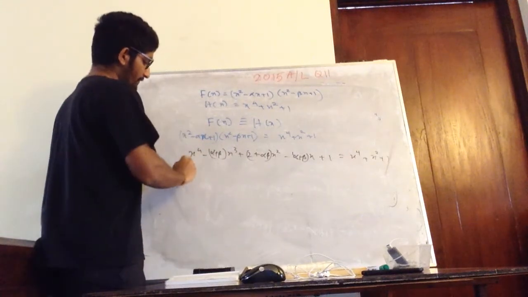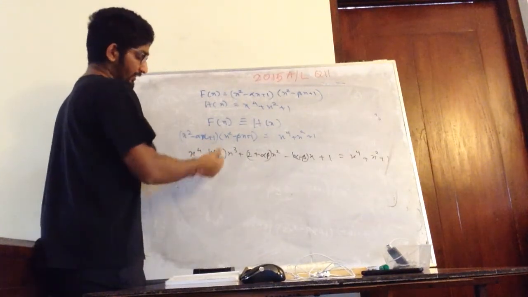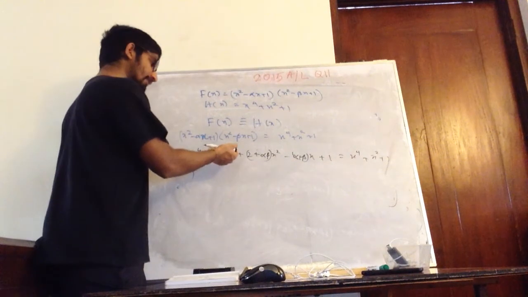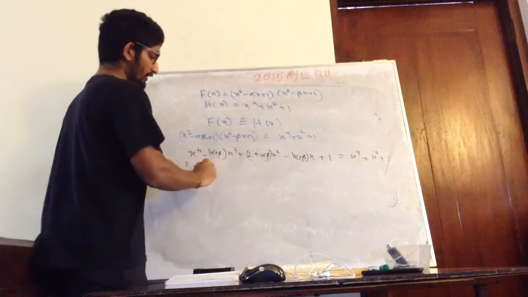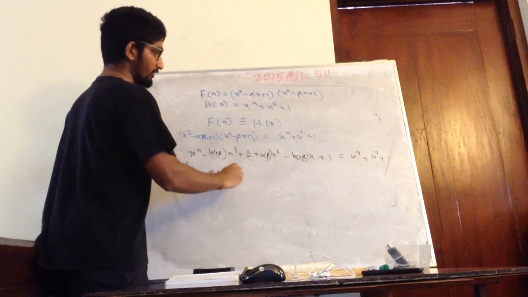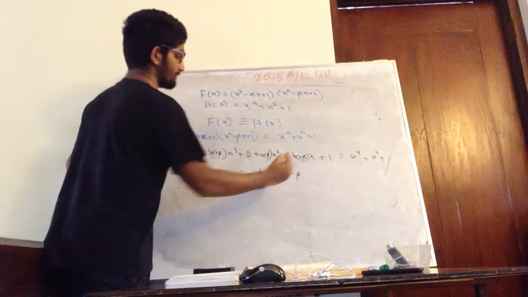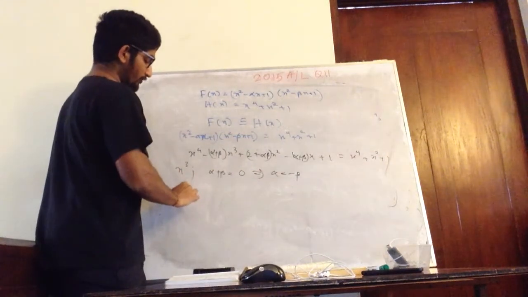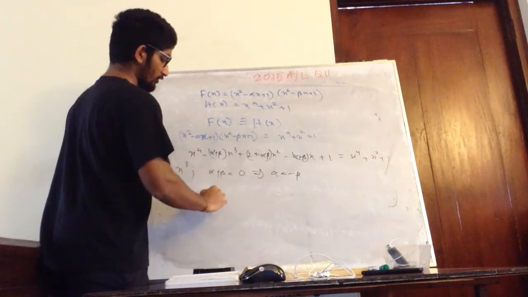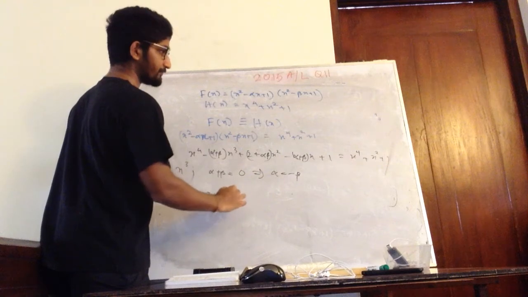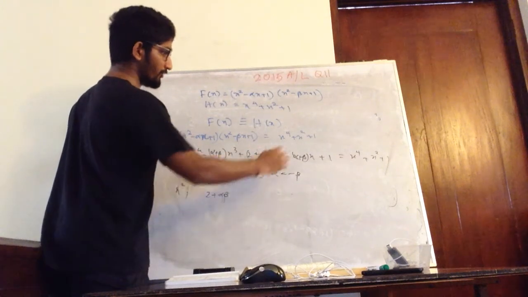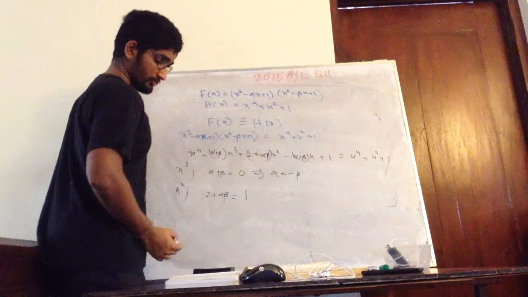So I'm going to compare the x cubed power. That means alpha plus beta is going to be 0. That means alpha is going to be minus beta. Then x squared I'm going to compare. That means 2 plus alpha beta is going to be 1.